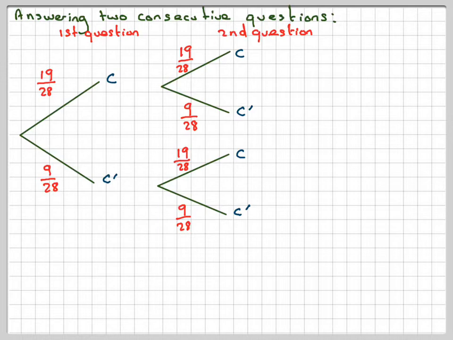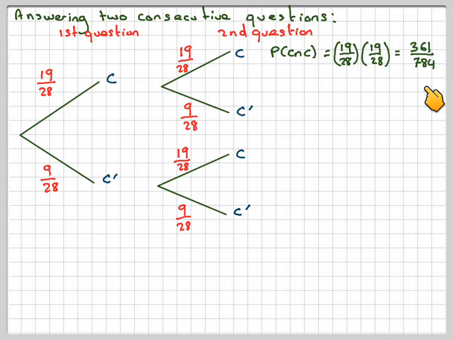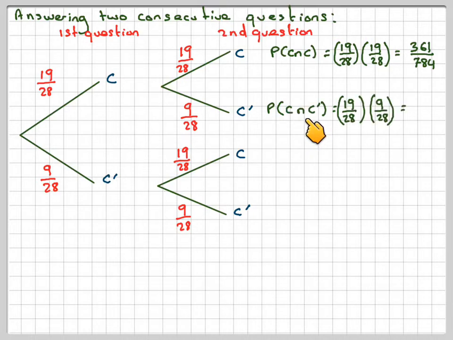Now, in an exam, maybe you don't have time to write all the probabilities, but the probability of being correct and correct, you multiply, so you get 19/28 times 19/28, which is 361 over 784. I appreciate in an exam you maybe don't have time to do this bit. The probability of getting correct and not correct will be 19 out of 28 times 9 out of 28, which is 171 over 784.